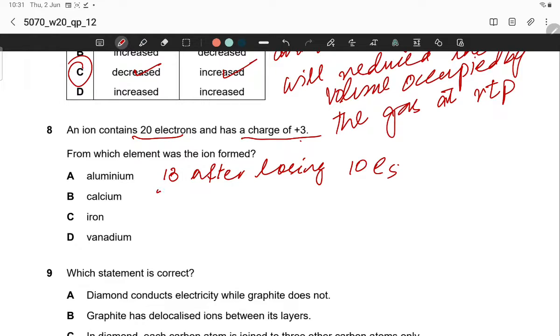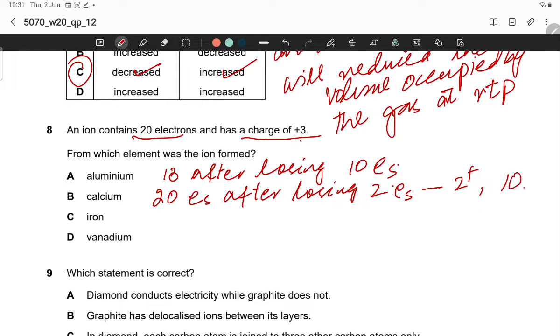Calcium has 20 electrons, after losing 2 electrons, carrying 2 positive charges, it has 18 electrons. So it is not correct.